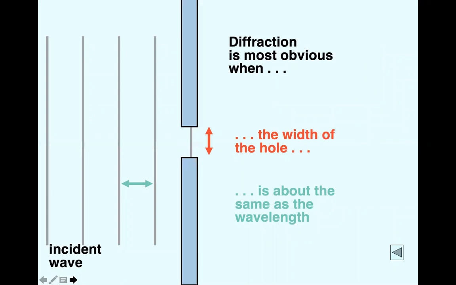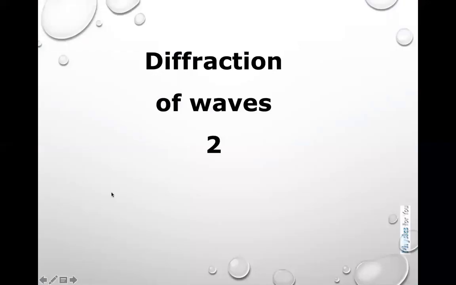So when diffraction happens, you can find that the wave starts to move in this shape. This is how the incident wave is moving. This is the width of the hole that you are using. The wavelength stays the same, but the diffraction, which means the spreading angle of these waves, is getting larger than before.